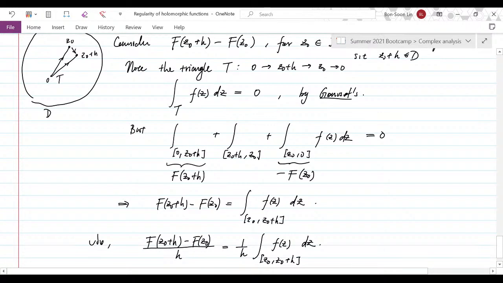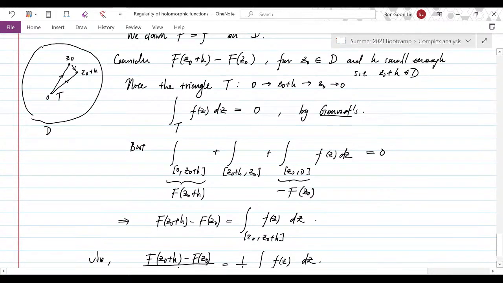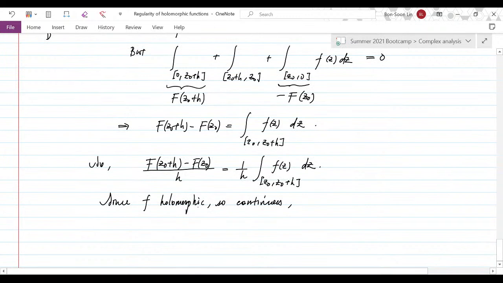Right. By the way, where do we use holomorphicity? Goursat, right? And T, I, T, both in D, right? This is where we use this holomorphic part. But here we just need to use that f is in fact continuous at z naught.